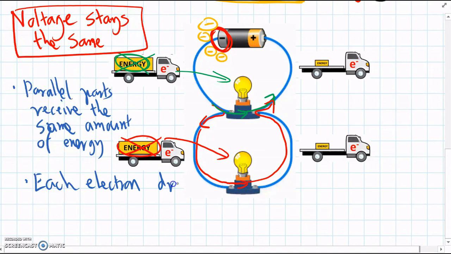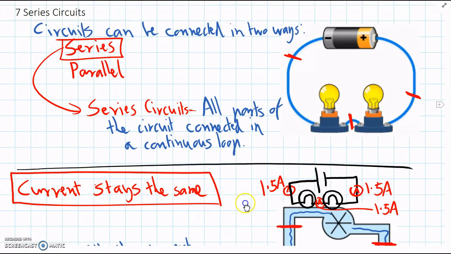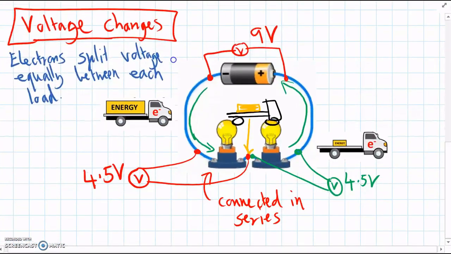Each electron drops energy, or gives it, at one place only. Whereas if we look back at the series circuit, each electron had to deliver its energy to two of the lamps, so it had to halve its energy.